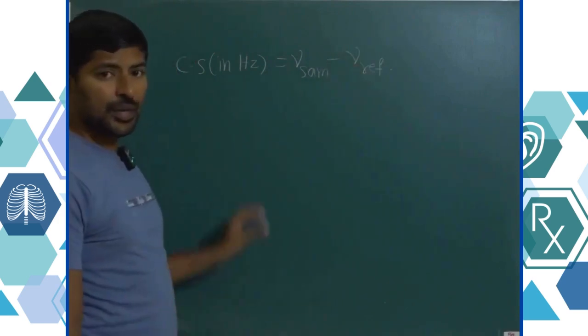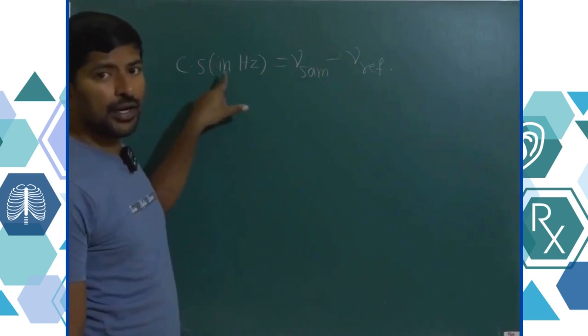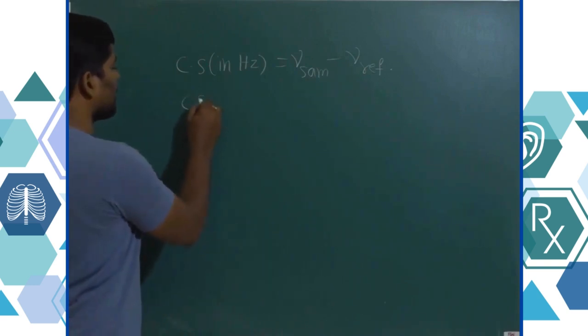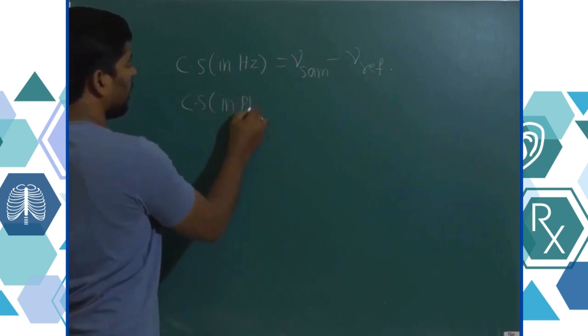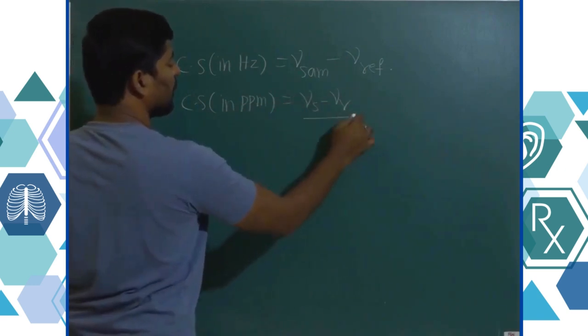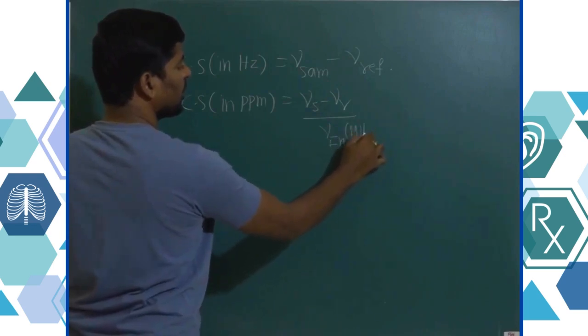But the drawback is that chemical shift in hertz depends on field and frequency. To overcome that, we express chemical shift in the ppm scale, parts per million, that is nu sample minus nu reference divided by nu instrument in megahertz.